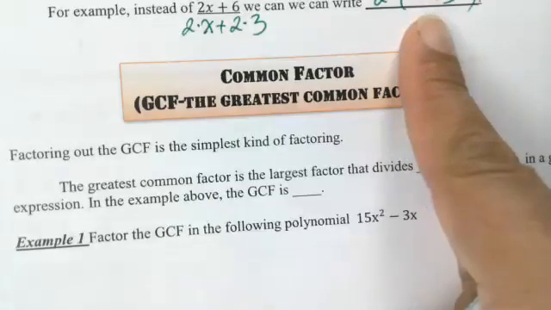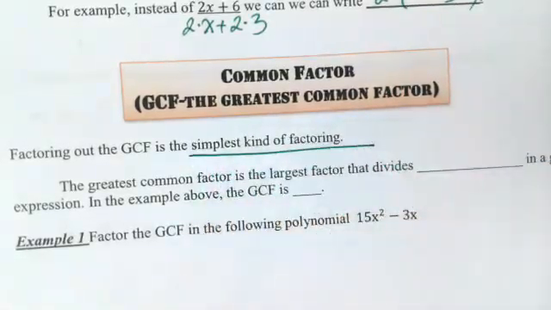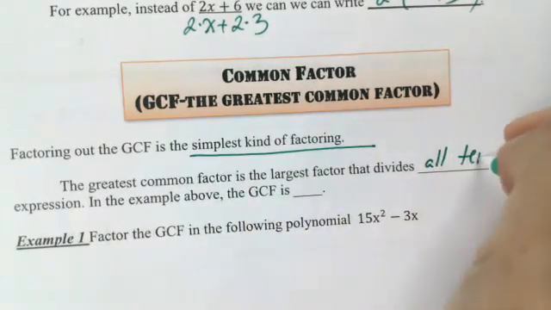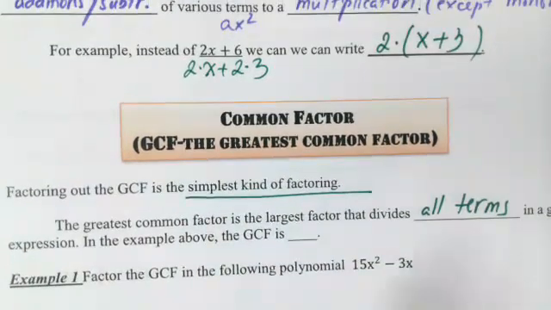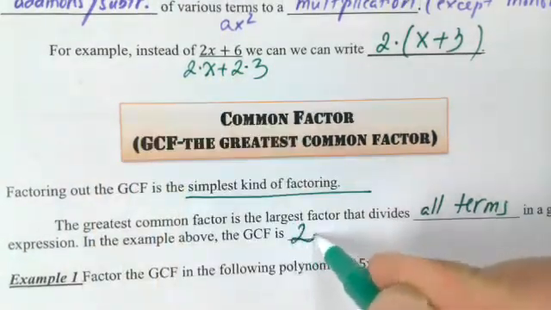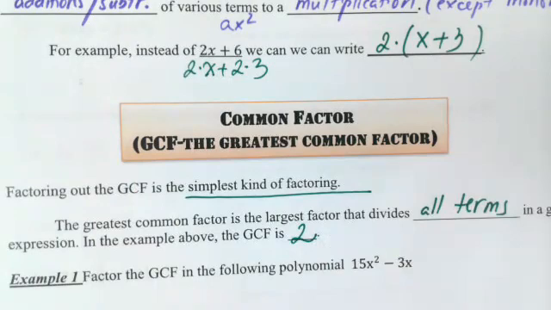This kind is one of the simplest kinds of factoring that you start with when you're learning factoring in grade 10. The greatest common factor is the largest factor that divides all terms in a given expression. So for us, in this example, it was 2, because 2 was the factor, in this case, because it becomes multiplication. The factor divides both 2x and 6, right?